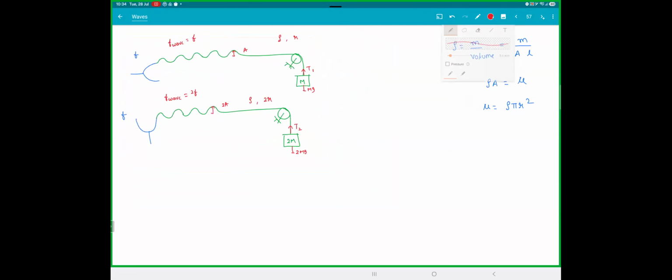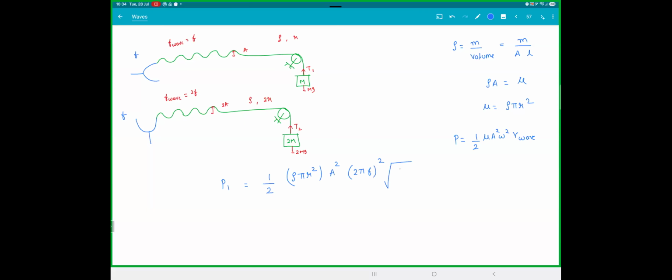Okay, done. Then you just need to put it in the formula. So power is half mu amplitude square omega square, omega is 2 pi f, v wave. I'll write down everything. Power is equal to half mu a square omega square v wave. So rho pi r square, that is your mu. Amplitude is a square. Omega is 2 pi f.